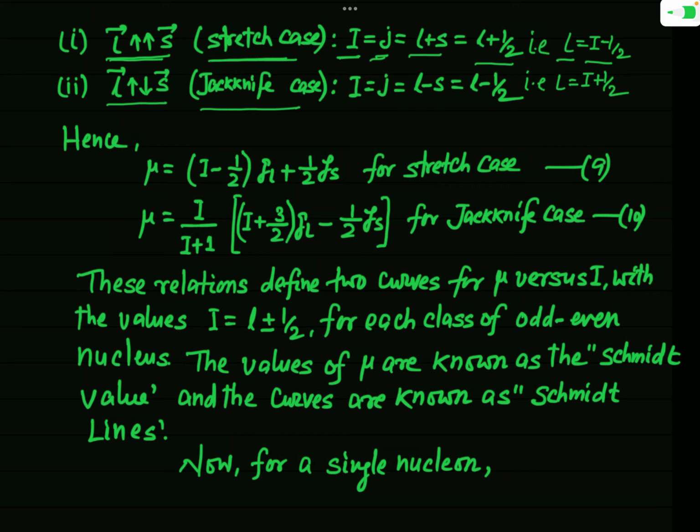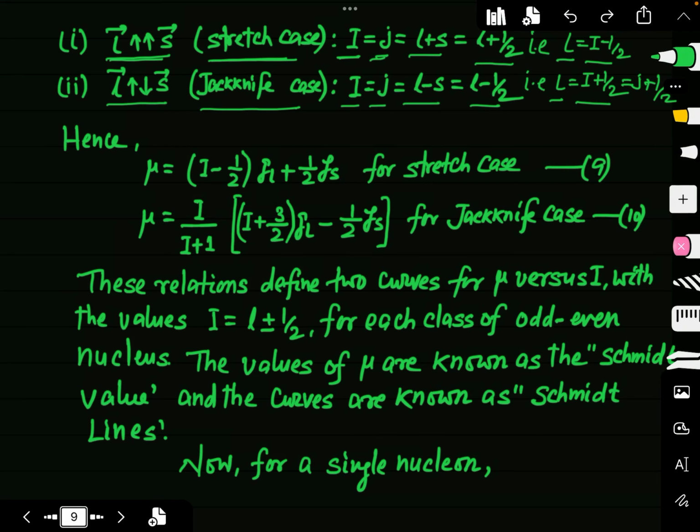And in this condition, the nuclear spin, which I have denoted by the symbol I or J, will be equal to L minus S. But S is half, so this will be L minus half. And if you find the value of L in terms of I or J, that will be I plus half, or you may also call it J plus half.